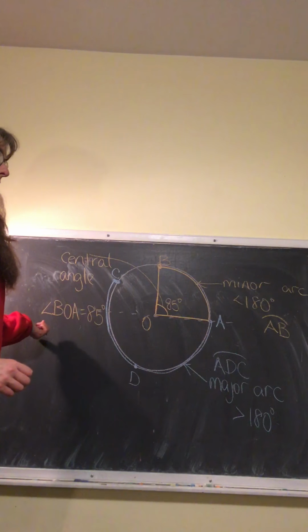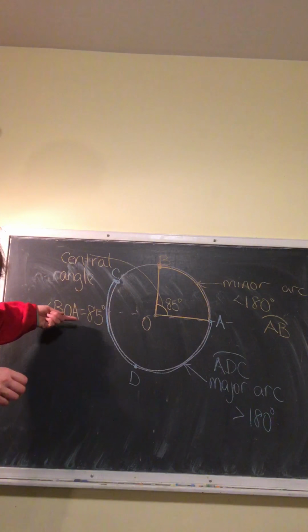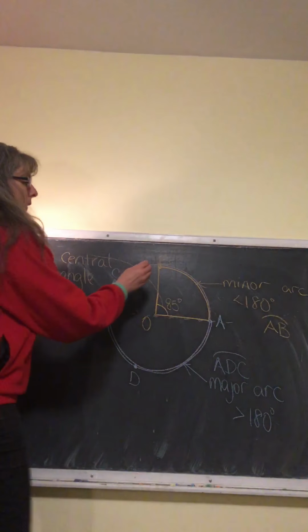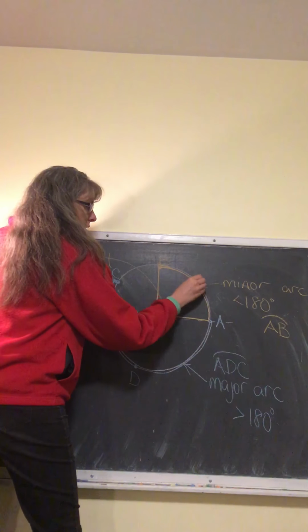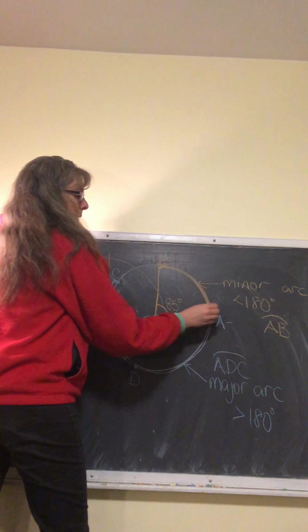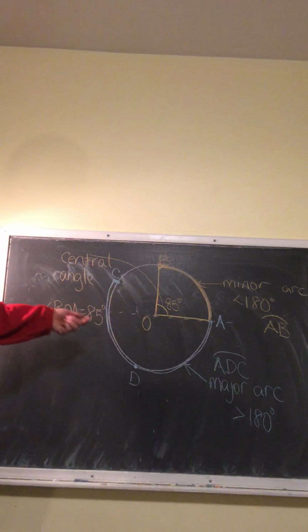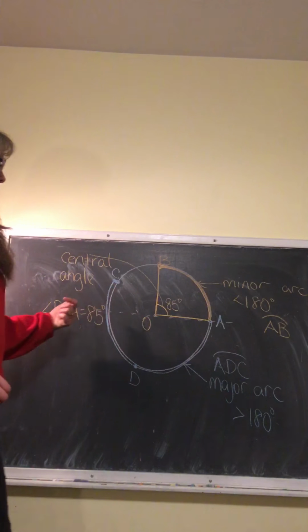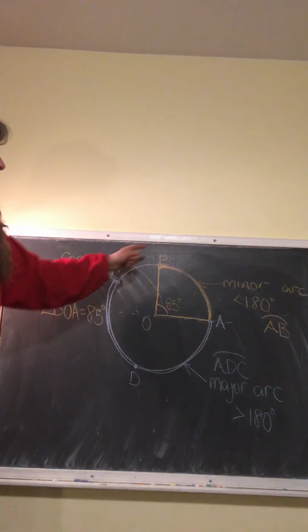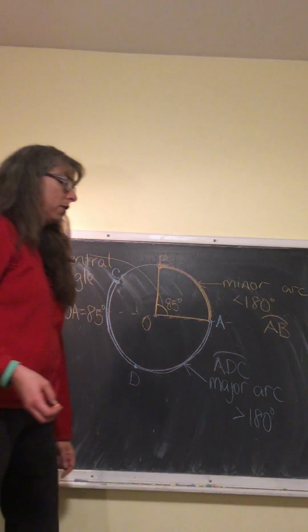And the cool thing is that not only is that angle, BOA, 85 degrees, but the measure of this minor arc is also 85 degrees. So the measure of the central angle that cuts off an arc is the same as the measure of its arc.